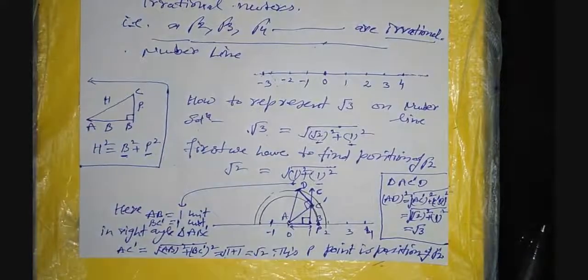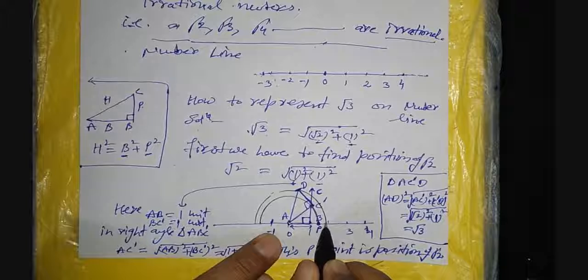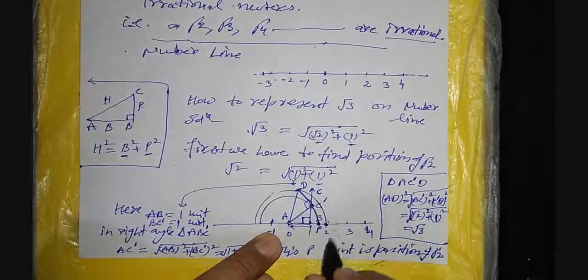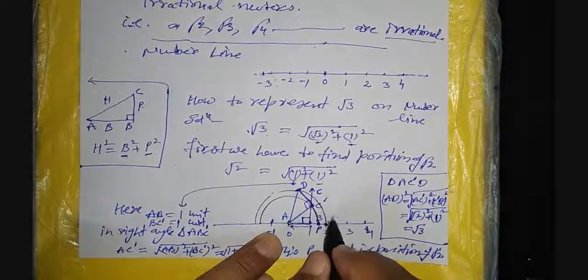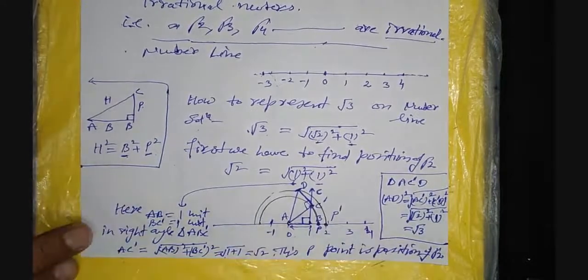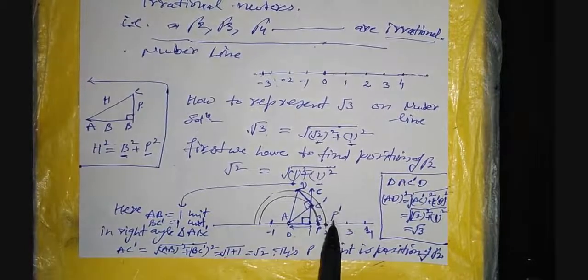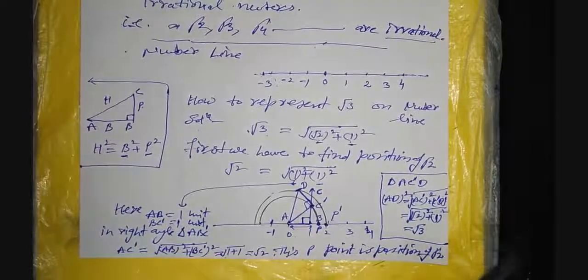The position of root 3 would be this point. Give it the name P dash. So P dash is the position of root 3 on this number line.